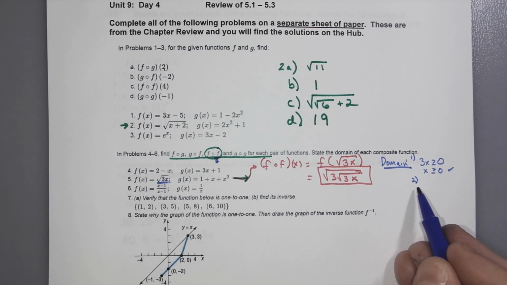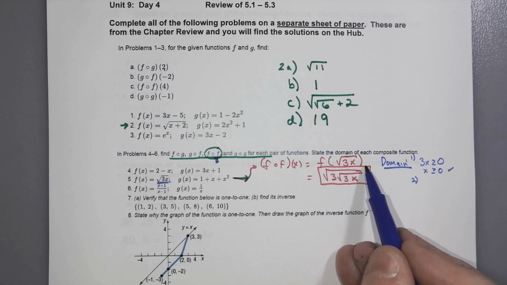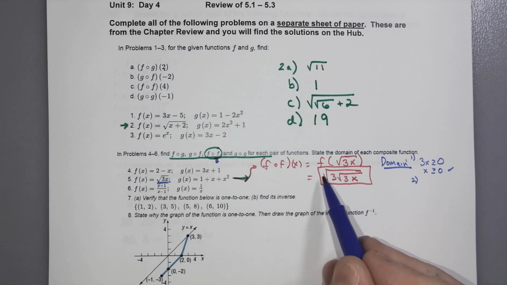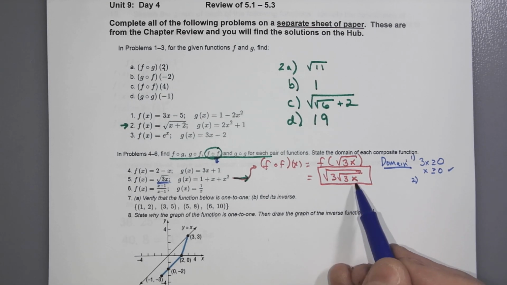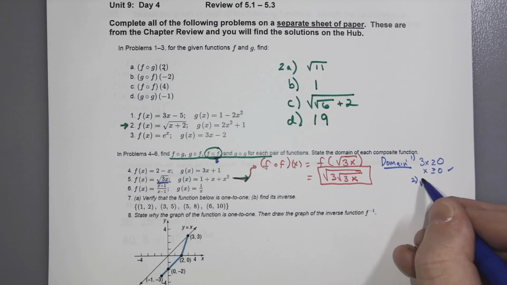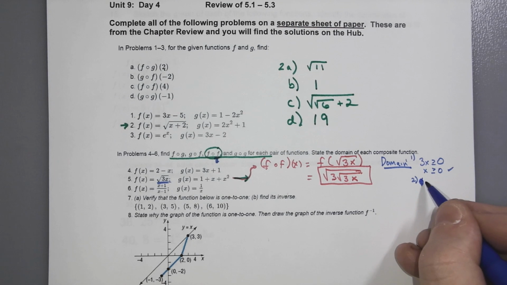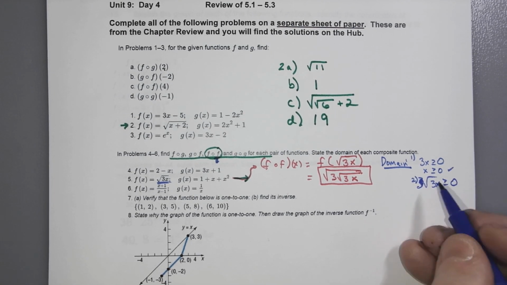And then stage 2 is to find the domain of the result, the f of the radical of 3x. So here we would need to make sure that this thing is defined. It's just a couple of radicals, so its domain is going to be to make sure that the 3 radical 3x is bigger than or equal to 0.